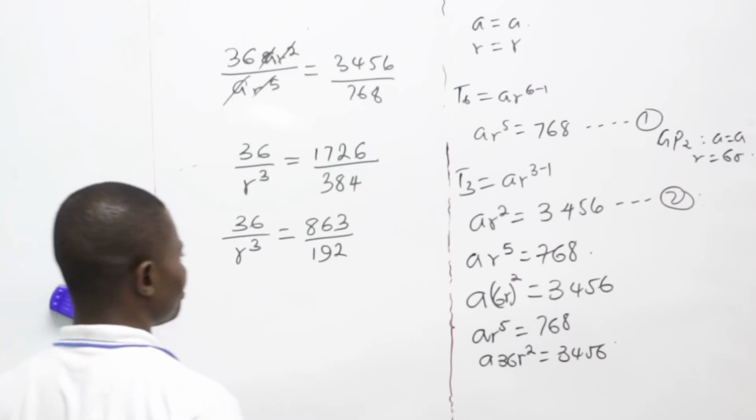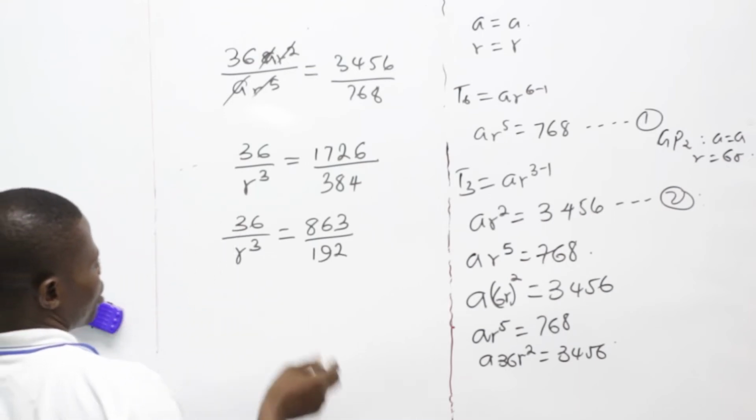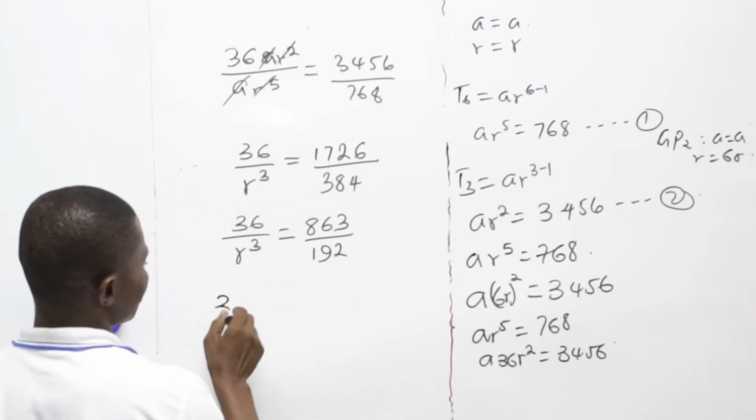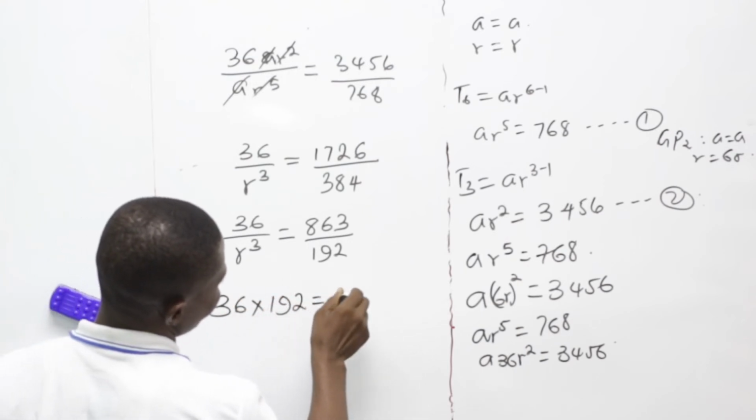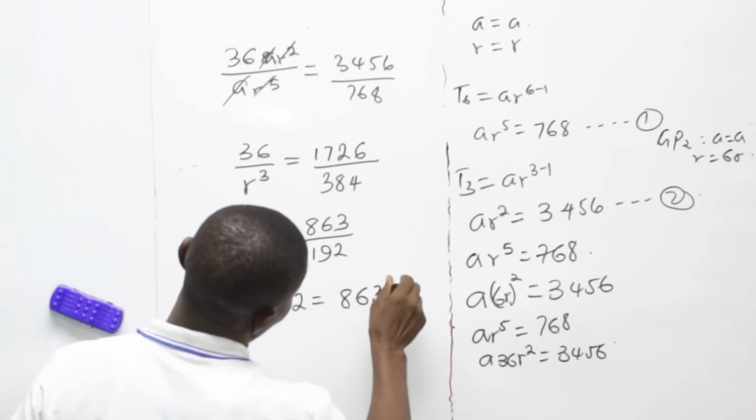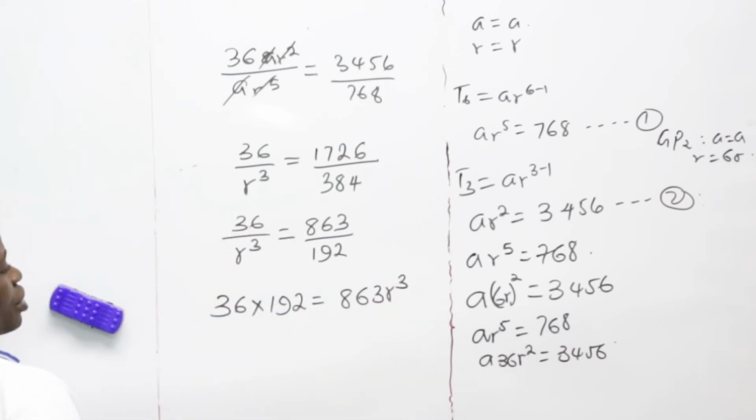Can 2 go again? Okay, at this point, let us cross multiply by saying 36 multiplied by 192 equals 864R cubed.